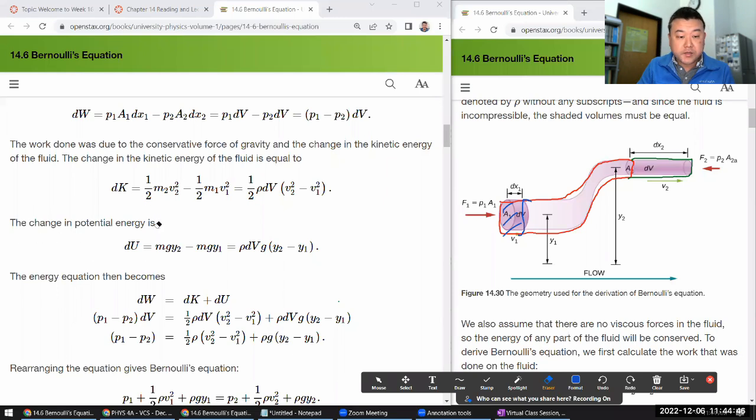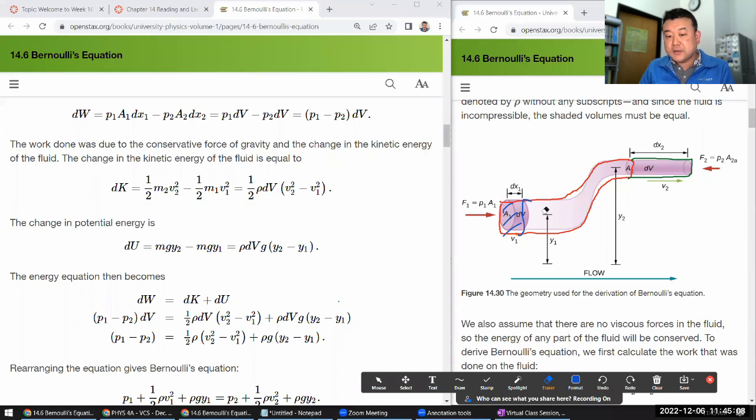The change in potential energy is, again, a small amount of potential energy change, and they're doing the same thing here. There's a portion that squirts out. There's a potential energy associated with that height, that's m g y2, minus. There's a potential energy associated with this amount.